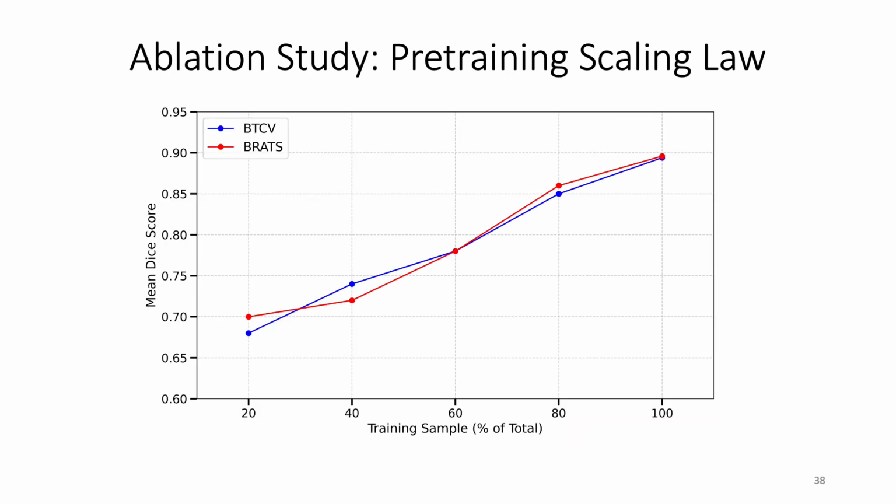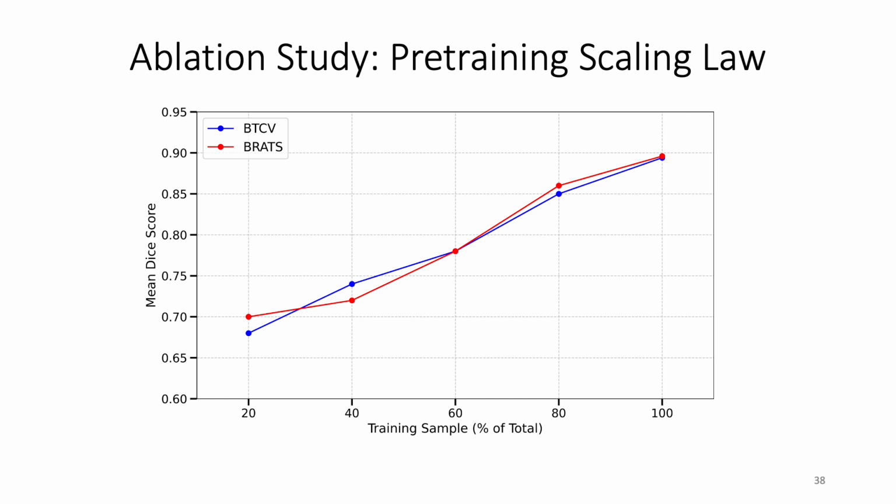One of the most interesting charts about this work is how we can make sure that the large dataset we collected has value, which is known as the pre-training scaling law. As we increase the size of the pre-training dataset, which is UKBOB, we measure the downstream fine-tuning performance of the SWINBOB network on BTCV and BRATS.